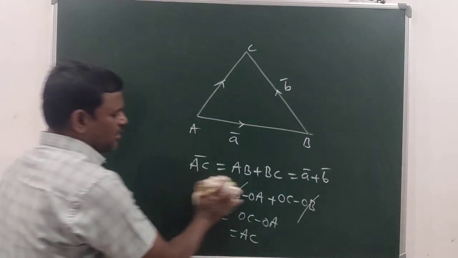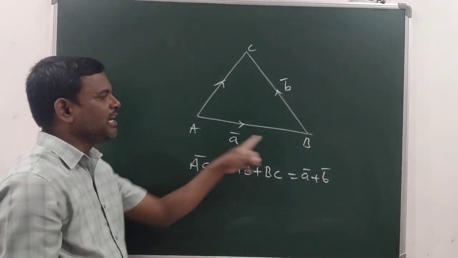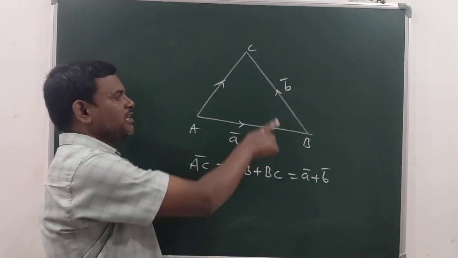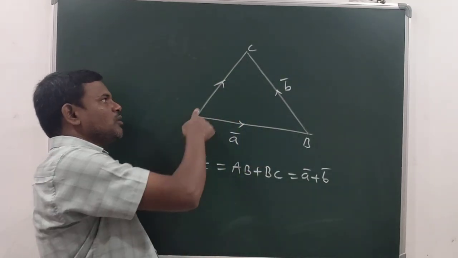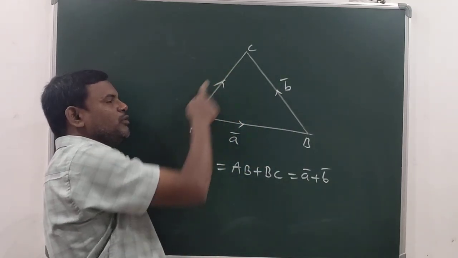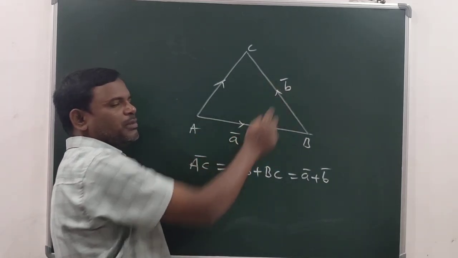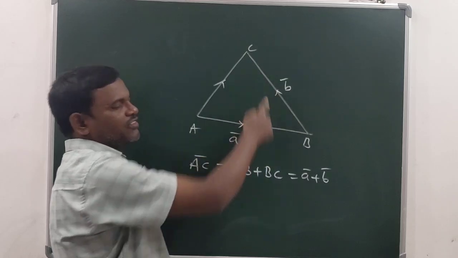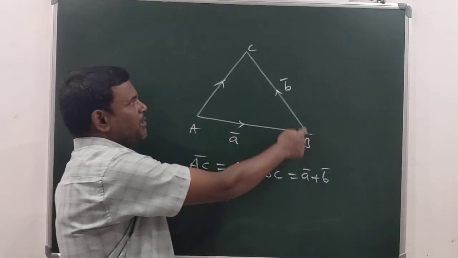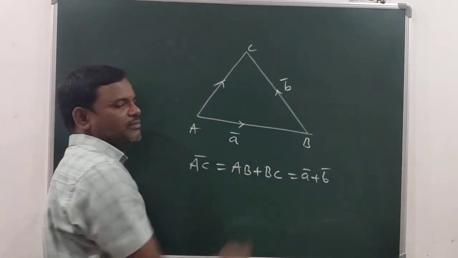Okay students, this is known as the triangle law of addition. This is very, very important. Vector AB is given as A bar, vector BC is given as B bar. This direction is very, very important. AB plus BC equals AC.